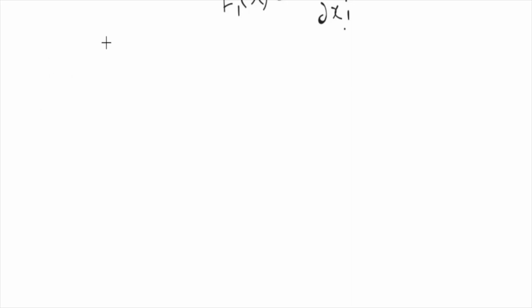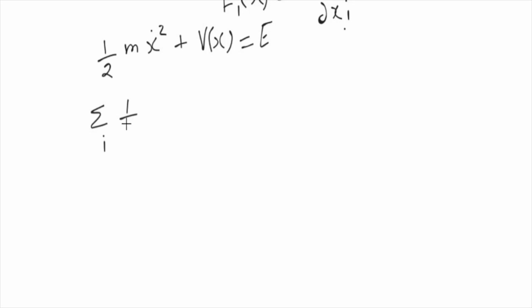What we will do is just sum here. Here the equation was half m x dot square plus V(x) is equal to E. Now we take the summation over i of half m xi dot square plus V(x) is equal to E, which means that kinetic energy is the sum of half the mass multiplied by the square of its total velocity.